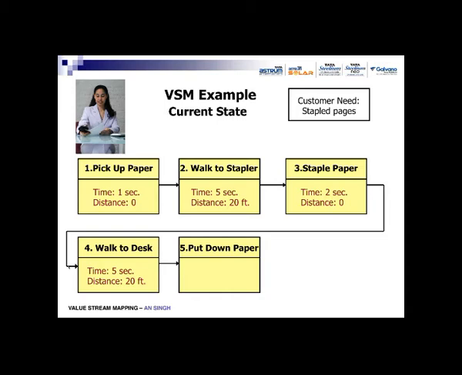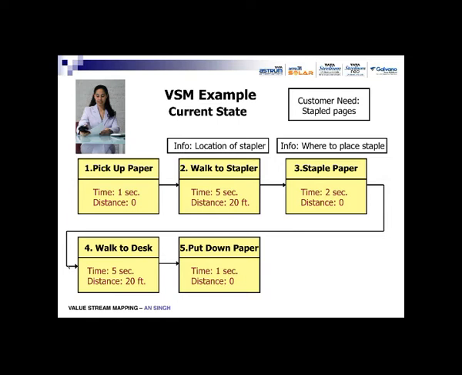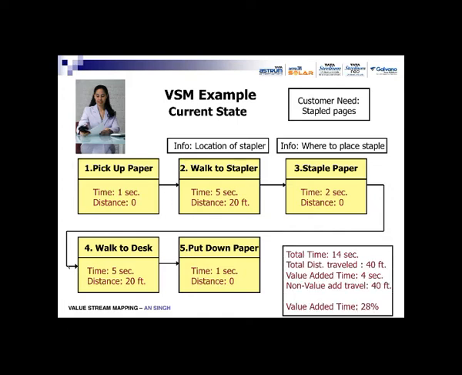It requires 5 seconds, and finally to put down the paper on a specific place, it requires another second. So if you just see, 2 things are important: where is the location of the stapler and where to place the stapled papers. You analyze the total distance and total time required for stapling one set of paper: 14 seconds. The total distance traveled by the operator is 40 feet. So the value added time, if you just see, is just 4 seconds.